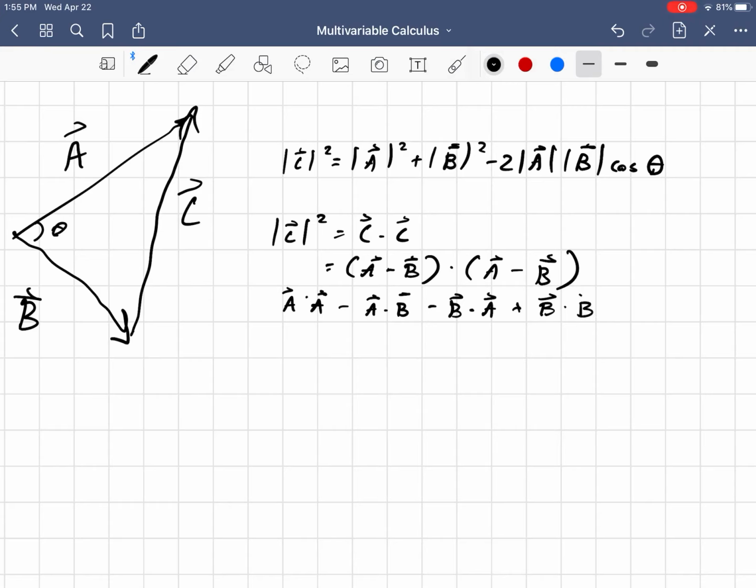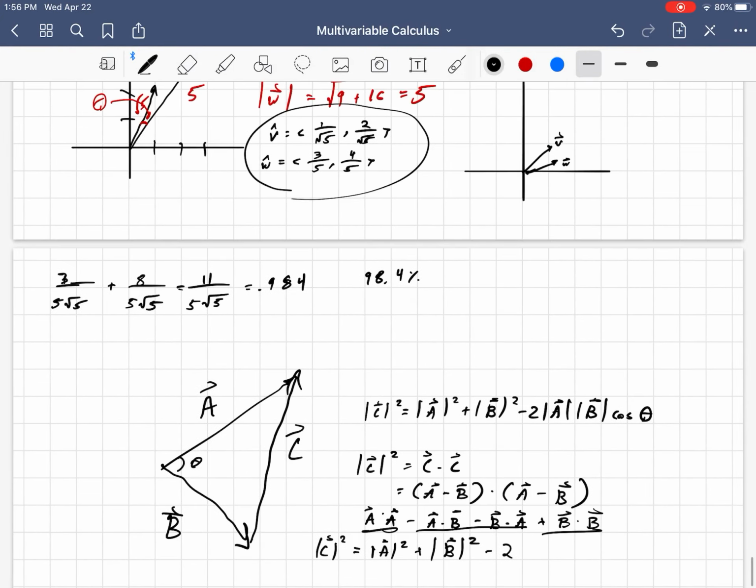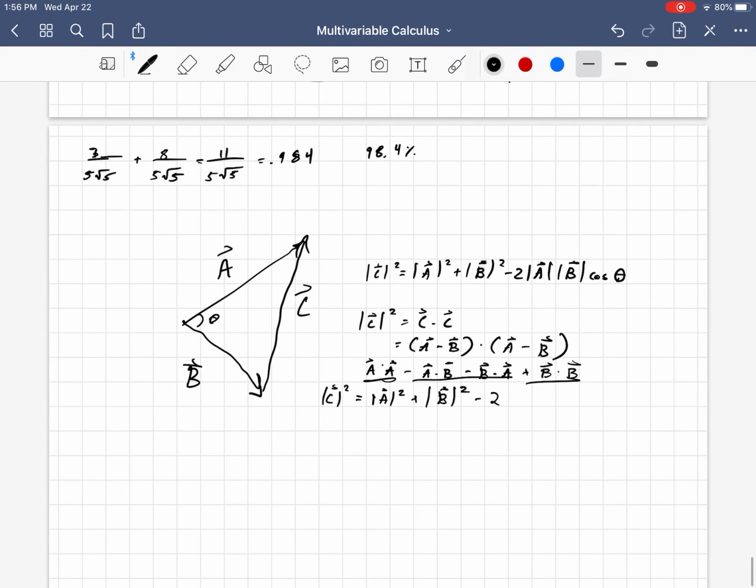We have vector A dot vector A minus vector A dot vector B minus vector B dot vector A plus vector B dot vector B. And so then the magnitude of vector C squared is, if I take any vector and I dot it with itself, I get the magnitude of that vector squared. And so likewise here.